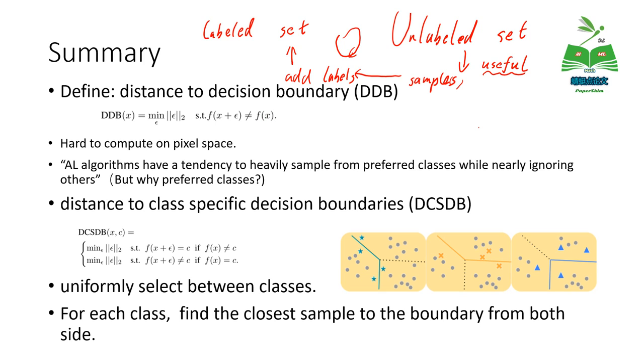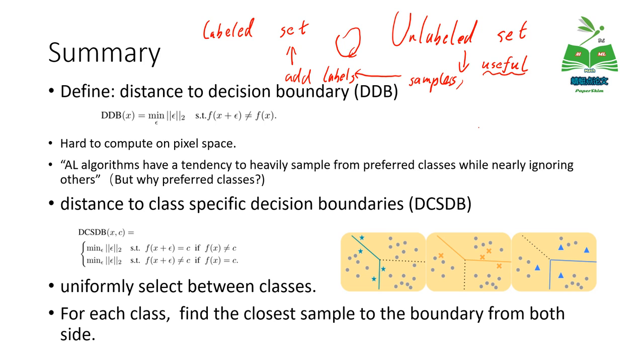It's very common in adversarial examples, especially for deep networks. But we know it's very hard to compute adversarial examples, or to find the minimum epsilon in the pixel space. So they consider moving it to the feature space. It's much simpler.